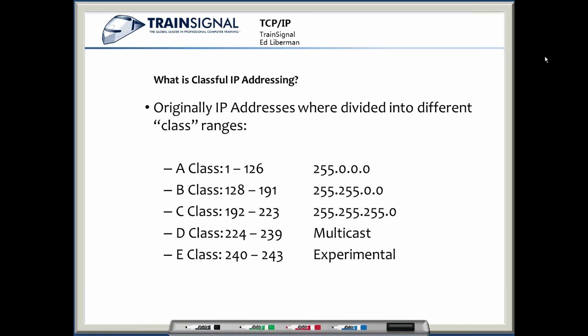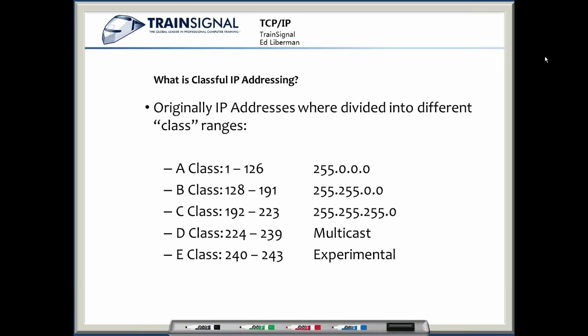First of all, the Class A range of IP addresses. These were IP addresses where the first octet was the network ID, and the last 3 octets represented the host ID. To be more specific, they were represented by IP addresses that started with anything from 1 to 126.